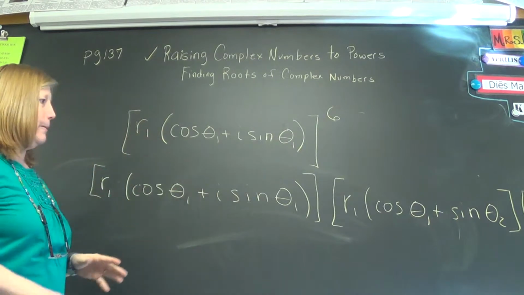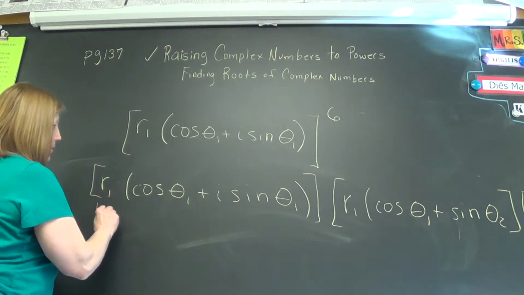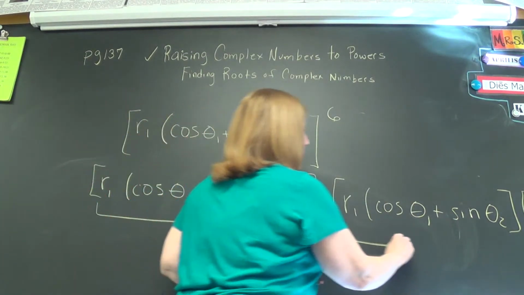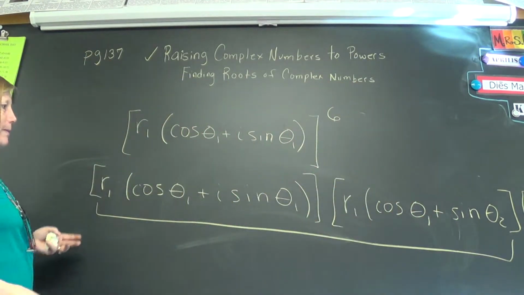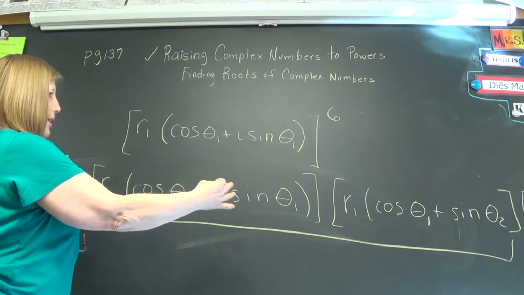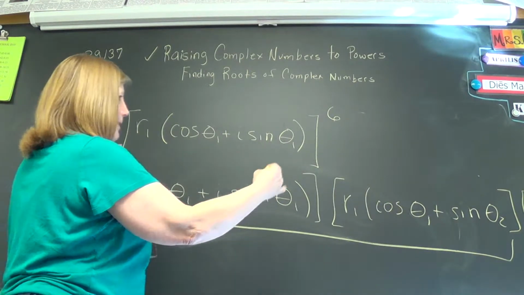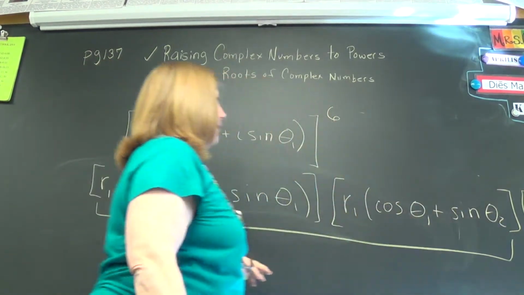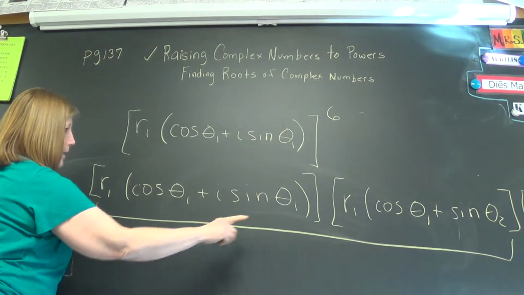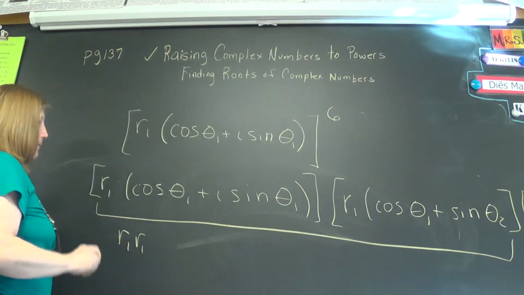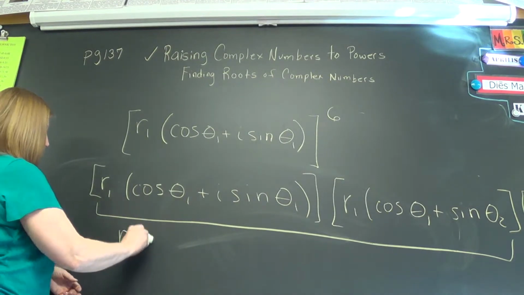So this means I'm going to multiply it times itself 6 times. So from what we learned about multiplication, can you do the first multiplication for me? So Abby, what do we do from yesterday? This is only the first step, but we're going to multiply this number times this number. What would that give us? R1 times R1, which will be R1 squared.